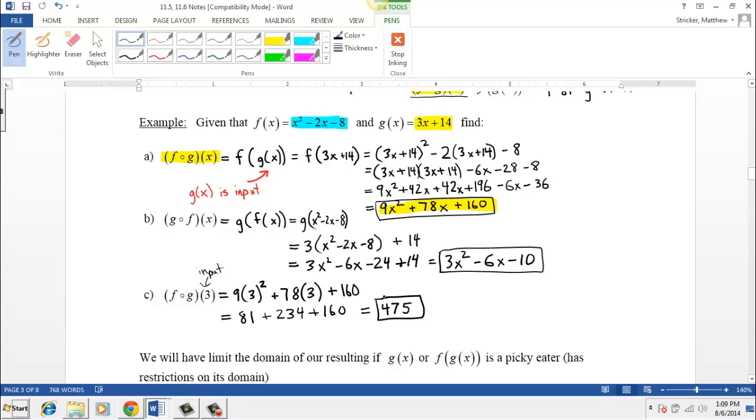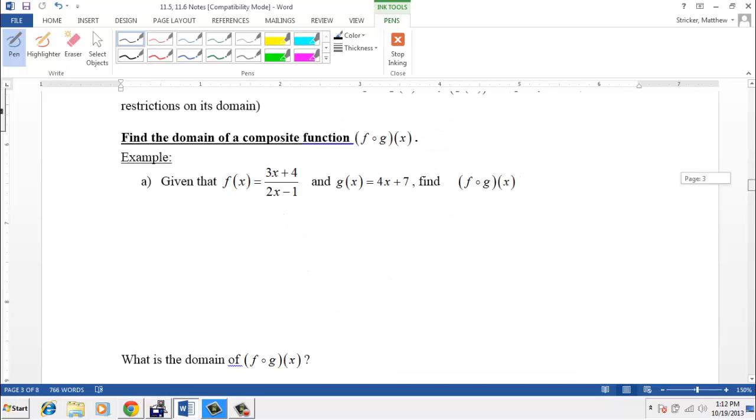Okay, now since we're looking at functions, the other thing we need to talk about is, are there any restrictions on the domain? The example we're going to look at here is, what if f of x looks like 3x plus 4 over 2x minus 1, and then g of x is 4x plus 7, and we want to find what f of g of x is.